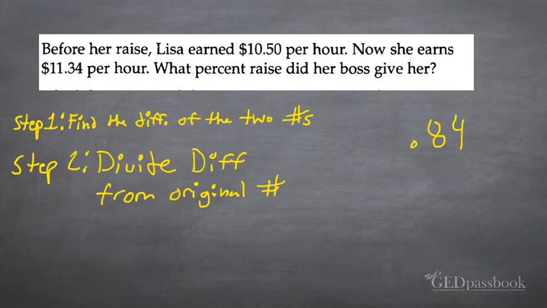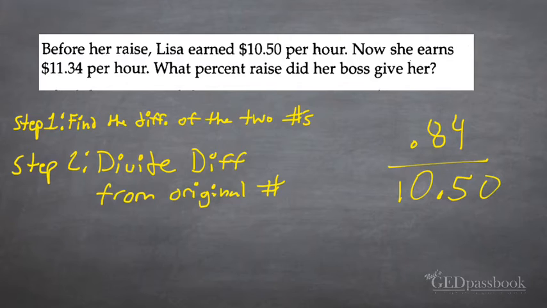What was the number that Lisa, or the company, or the teacher, whatever the person or thing is in the word problem, started out at? What was the original number that in this case Lisa started off with? 10.50. So what you do is you divide the difference, 0.84, by 10.5, the original number, which is 10.50, same thing.